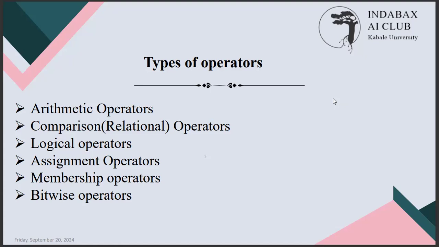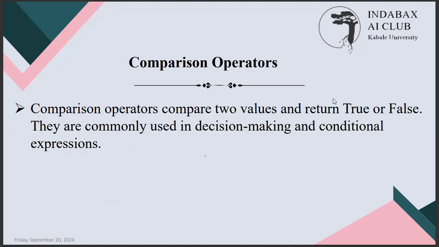Then we also have membership operators, which we shall look at when we reach where we need to use them. We also have bitwise operators. We shall be diving into most of this as we move forward. For today, let us look at comparison operators and logical operators.